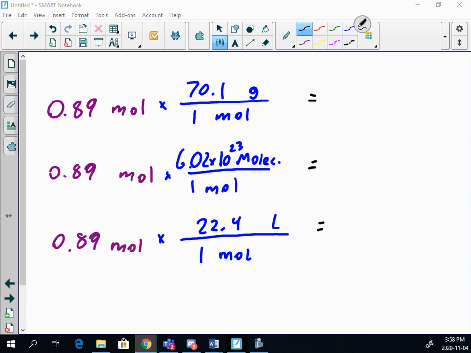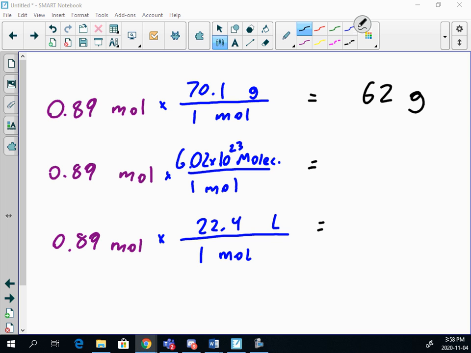I can do 0.89 multiplied first by 70.1. And if I do that out, I will get that the mass of my sample is 62 grams. Or I can multiply by my 6.02 times 10 to the 23.